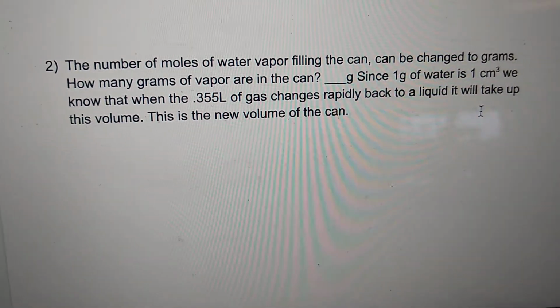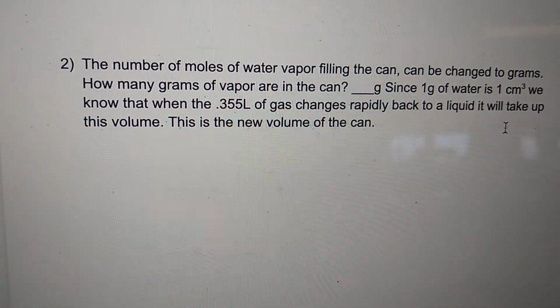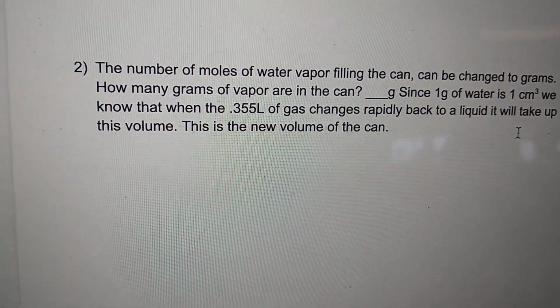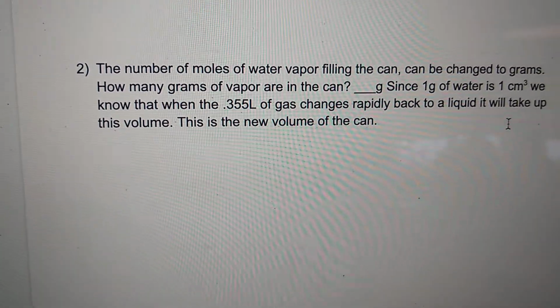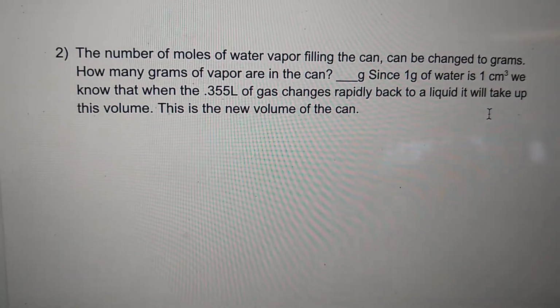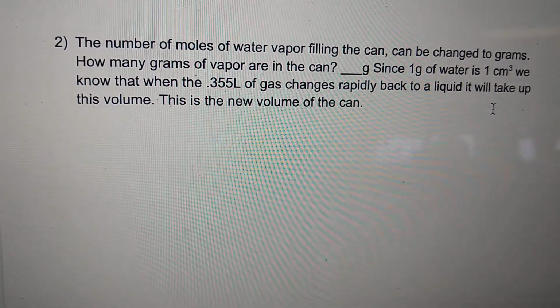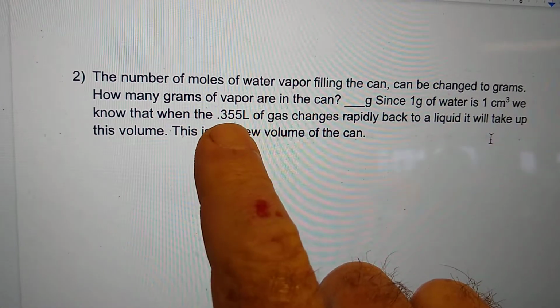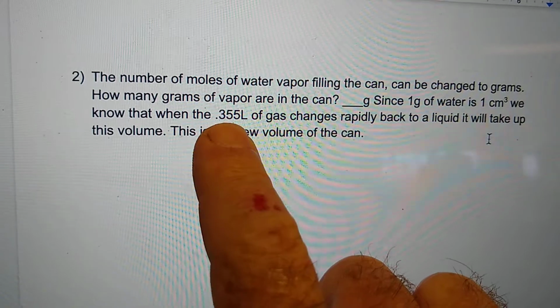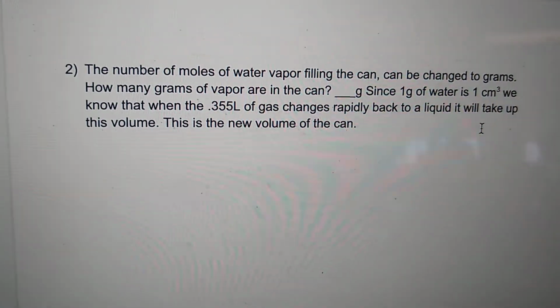I need you to convert that many moles to grams. Okay? And since 1 gram of water is a cubic centimeter, we know that the 0.355 liters of gas that had filled up the can have now crushed down to that many cubic centimeters.